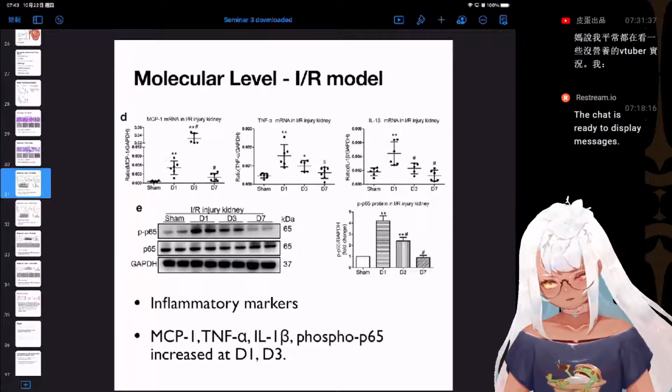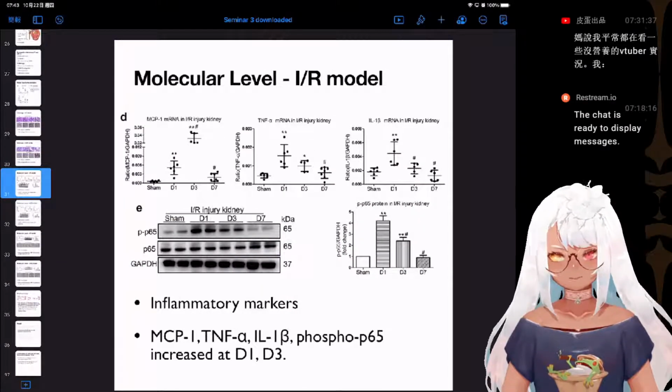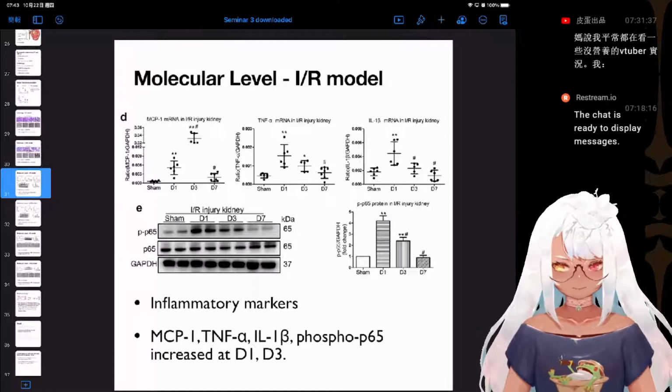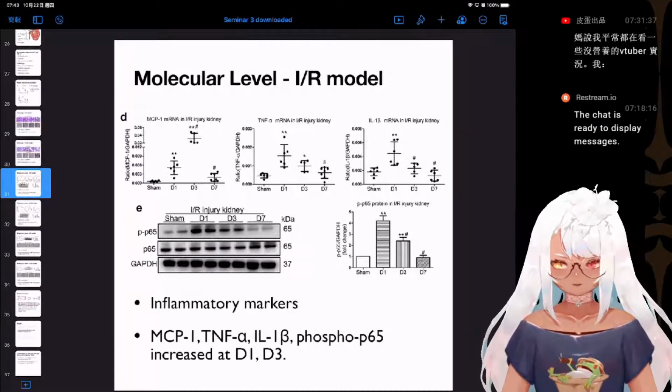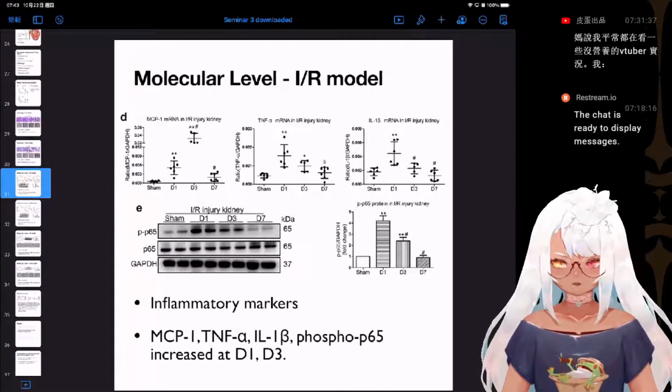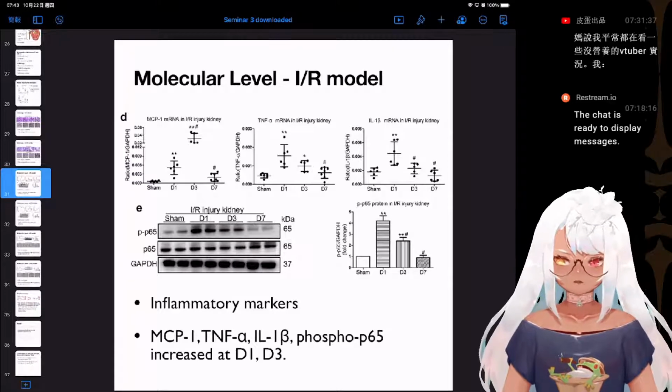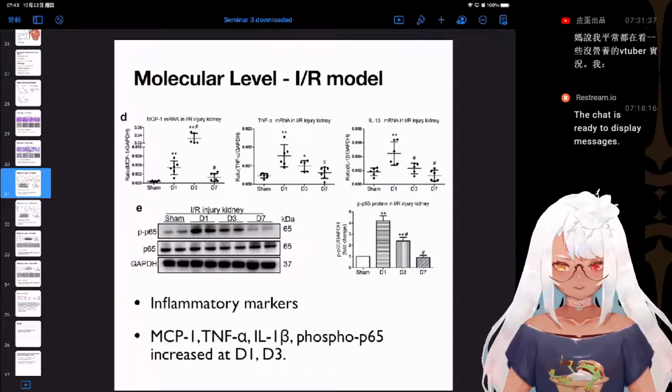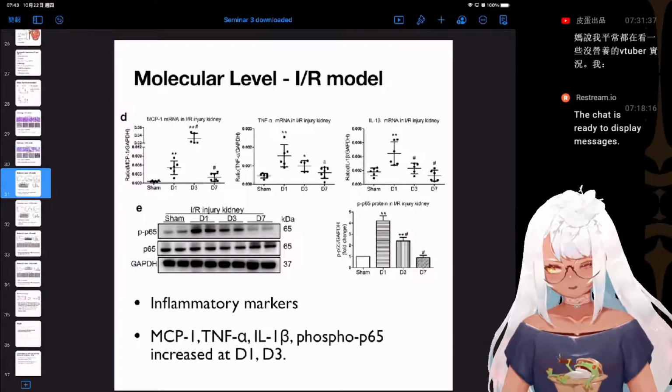Okay, so now let's move on to the molecular level. In the IR model, the inflammatory markers that we investigate are MCP1, TNF alpha, interleukin 1 beta, and phospho P65.